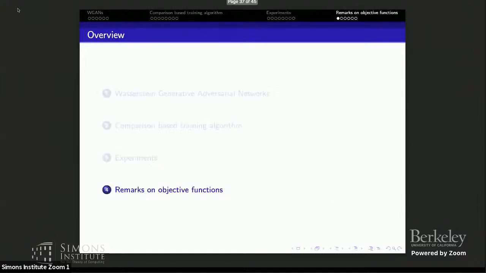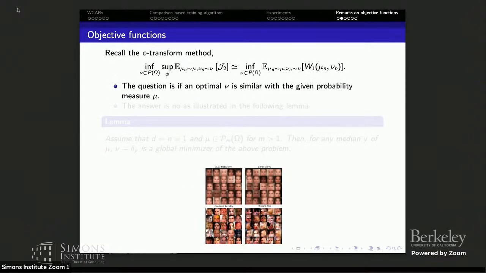Okay. So then let me give you maybe one remark, which is also related to the previous figure here. So recall the c-transform method. The left one is using J2 as the objective function.